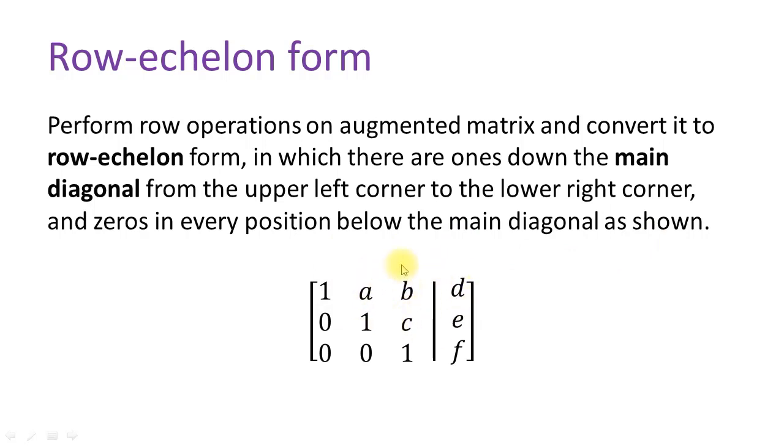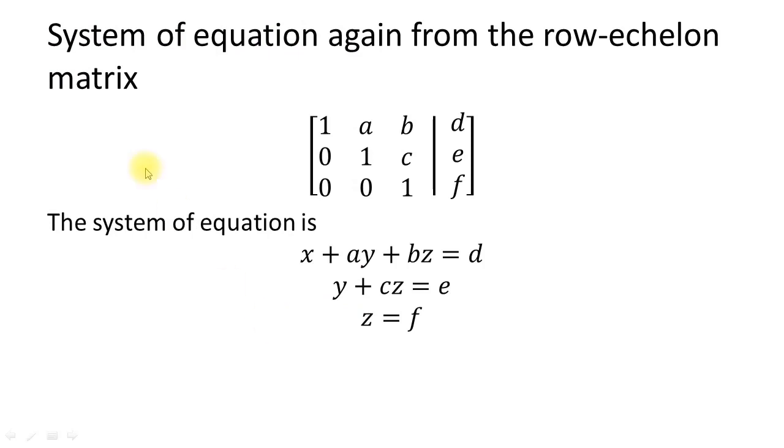So in the echelon form, the number of zeros will increase row by row from the first non-zero entry. So here is 1, 0; in the second row there is 1, 0; but in the third row there are 2 zeros. So the number of zeros will increase row by row.